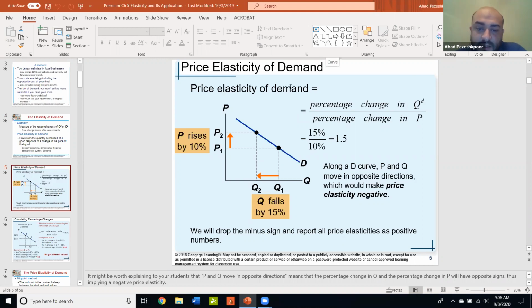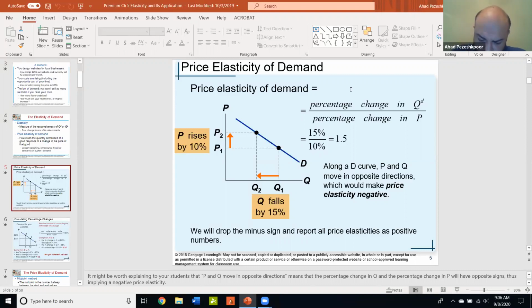Price elasticity is the percentage change in quantity demanded over the percentage change in price. Remember the difference from the slope of a curve. The slope of a curve is just the change in price over the change in quantity. But here, it's the percentage changes.